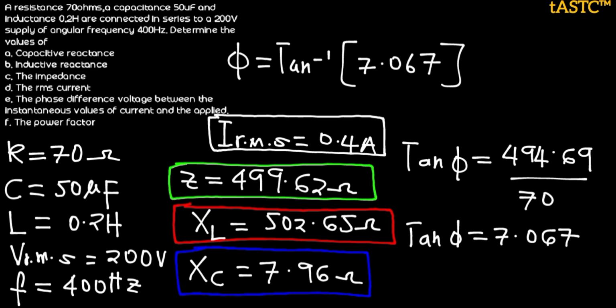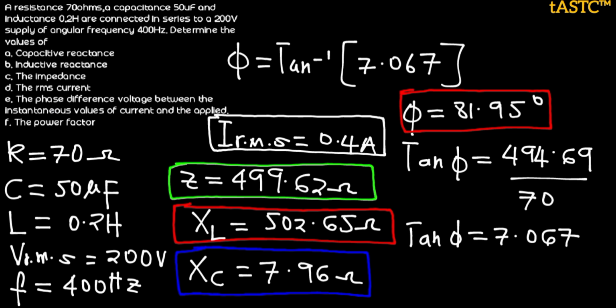So that gives us 81.95 degrees. So phi, the phase angle, is going to be equal to 81.95 degrees. So this is what you got. This is going to be the phase angle.